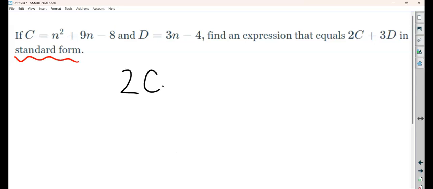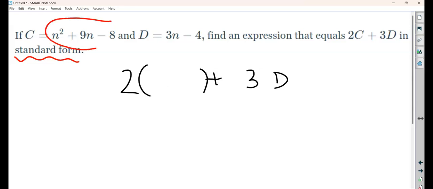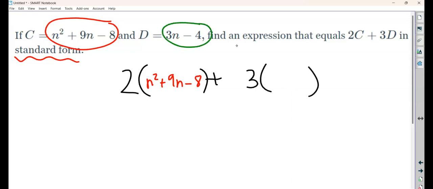So this is the question, 2 times c plus 3 times d, and I'm leaving this obnoxious space because I'm going to erase and replace the letter c with its polynomial, n squared plus 9n minus 8. I'm going to erase and replace the letter d with its polynomial, which is 3n minus 4.